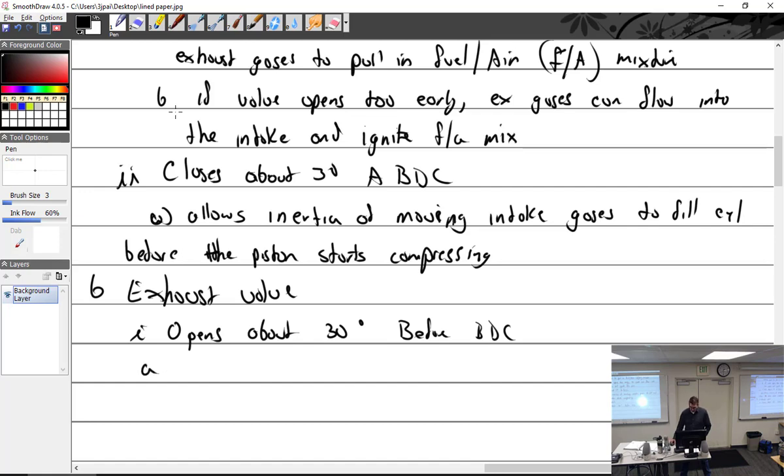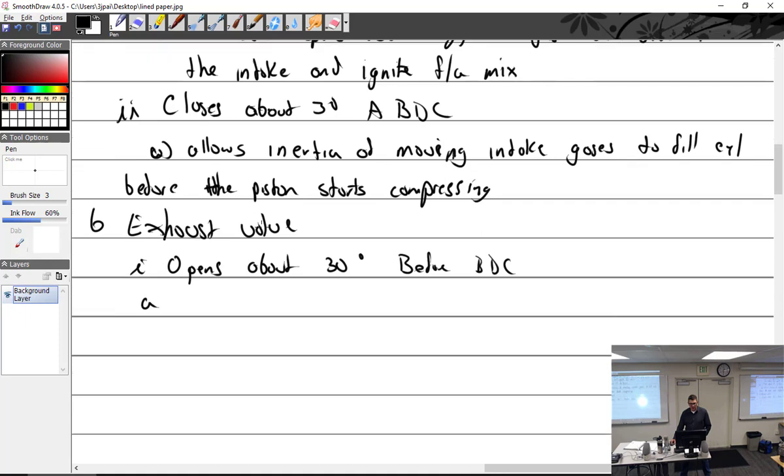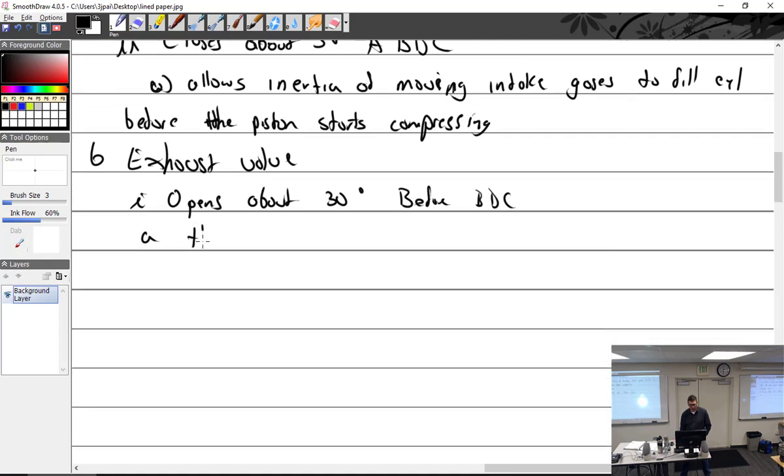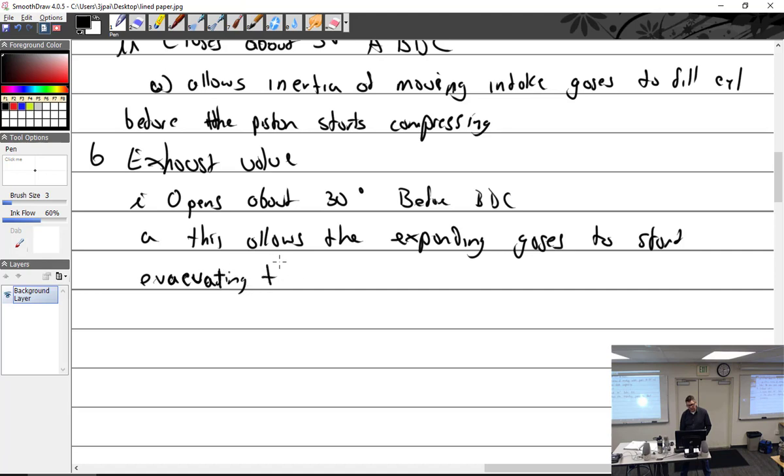And that allows the expanding gases to start evacuating the cylinder near the end of the power stroke, at the end of the power stroke.